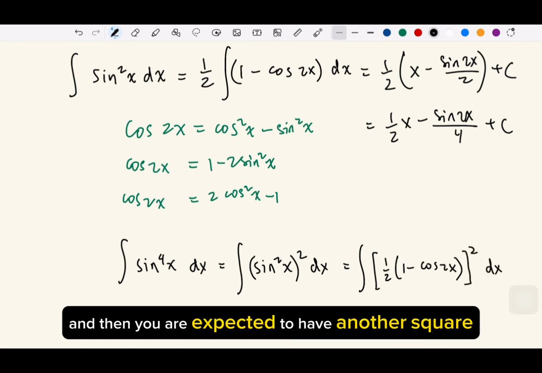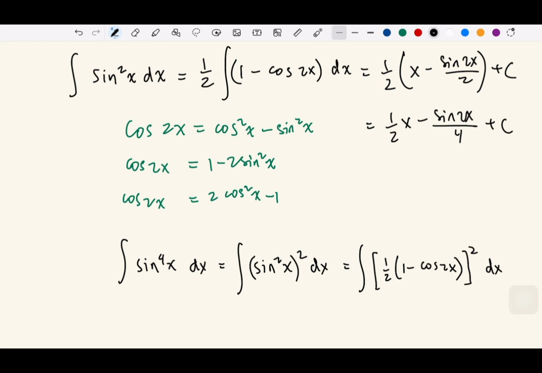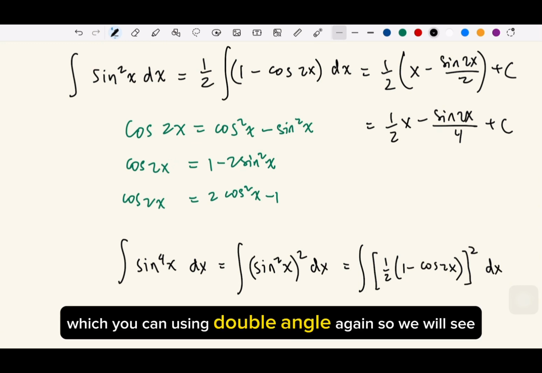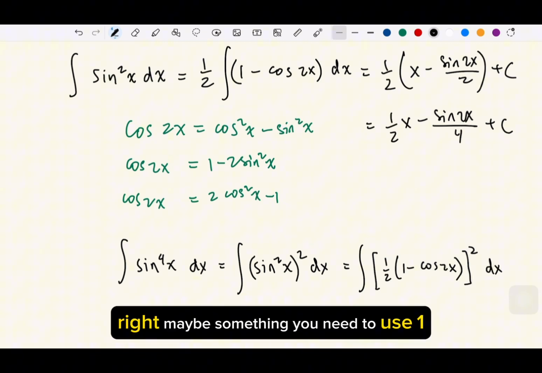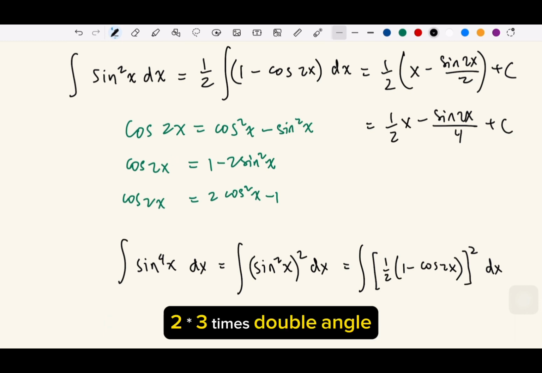And then you have another square, which you can handle using the double angle again. Maybe sometimes you need to use the double angle 1, 2, or 3 times.